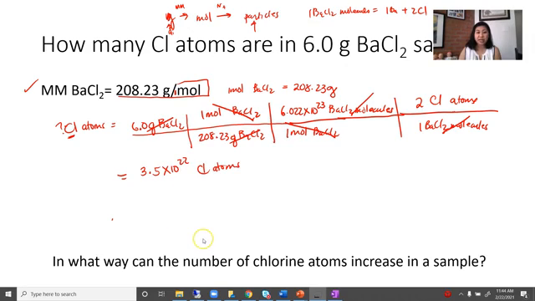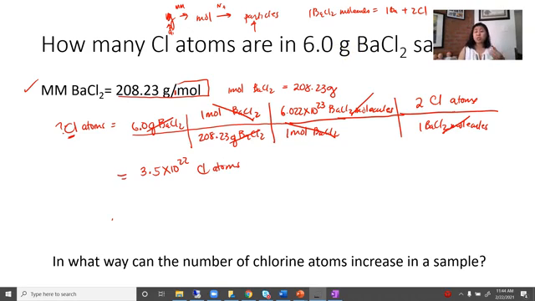Now, in what ways can the number of chlorine atoms increase in a sample? It will increase if you have more of your sample. So instead of 6 grams, if you have a 12 gram sample, of course the number of chlorine atoms will also double.